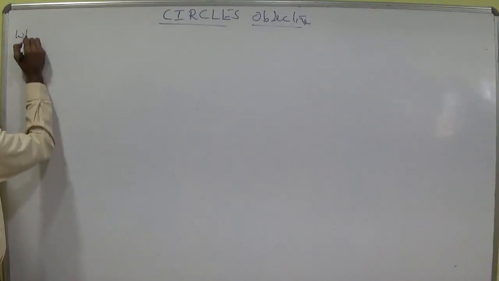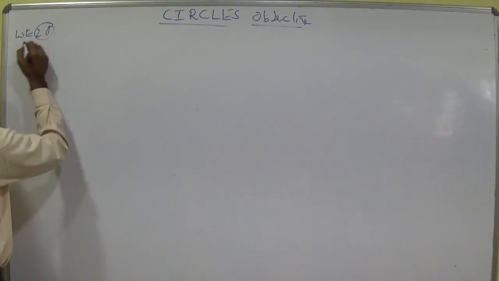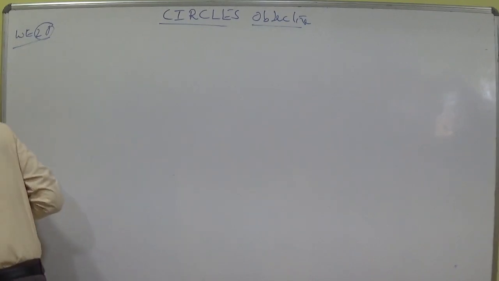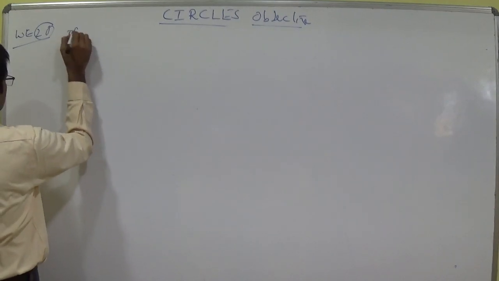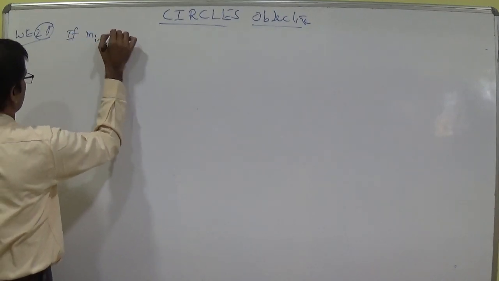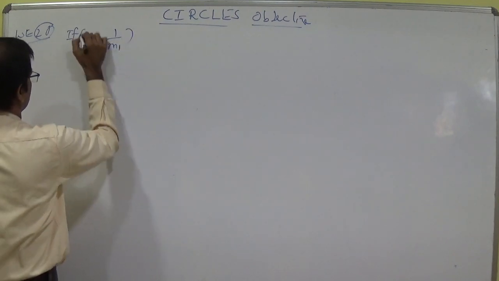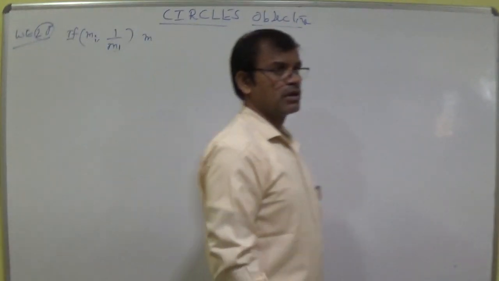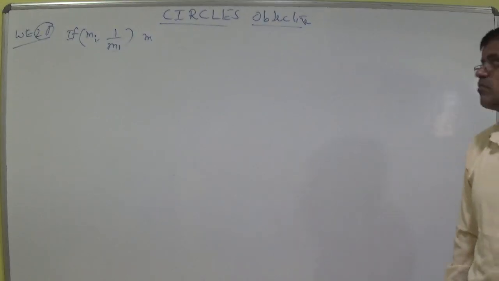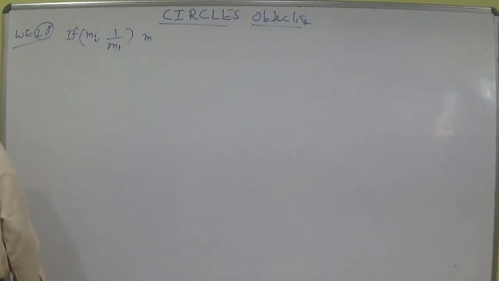Worked example 28. If (m_i, 1/m_i) are 2 points with respect to the circle x square plus y square is equal to r square, of course given as distinct points.